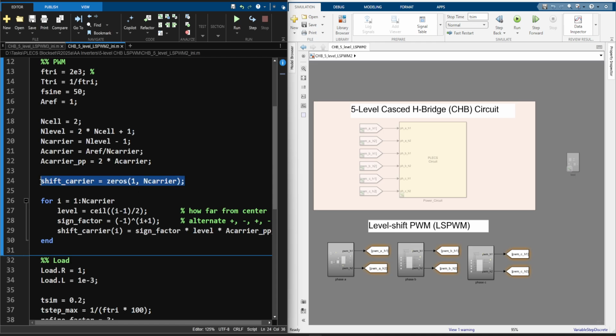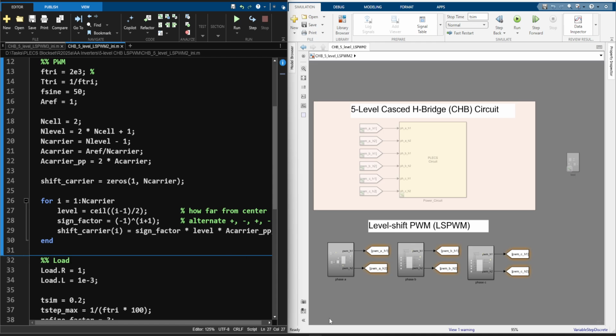So this is just initialization to 0 vectors, and the amount of level, that means how far it is from the 0 level or the 0 axis, is determined using this level. So I take the ceiling function of (i minus 1) by 2. This gives us the vertical distance of the wave relative to the 0 axis.